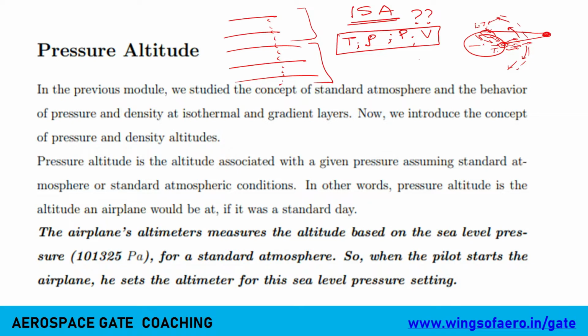Due to this uneven heating over the earth's surface, the pressure, density and temperature profiles create a huge impact on the atmosphere. When pilots are flying at a certain altitude, they need to follow some standard value to understand at what altitude they are flying.